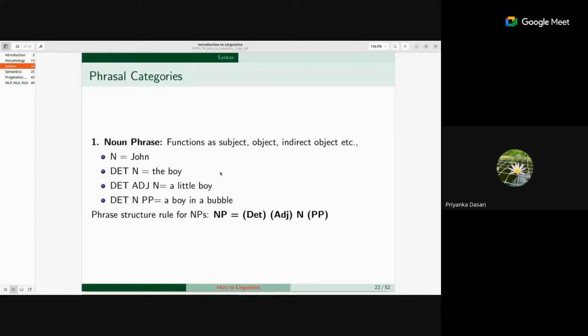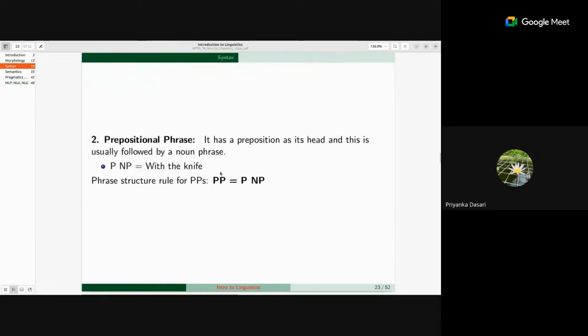They may occur and they may not occur in a phrase. So a prepositional phrase has a preposition as its head, and it is usually followed by a noun phrase. So PP is P plus NP.